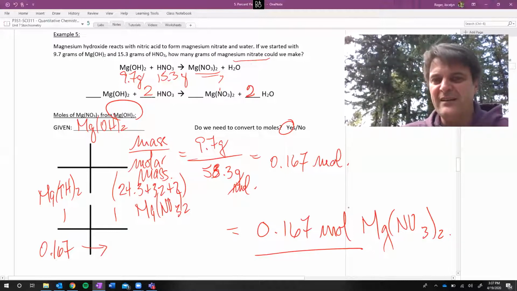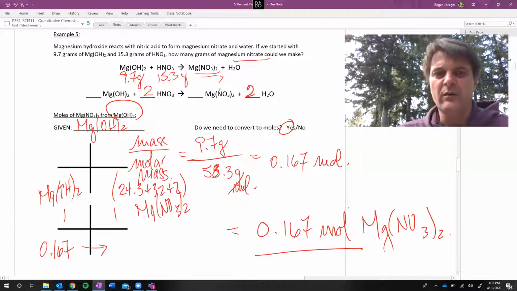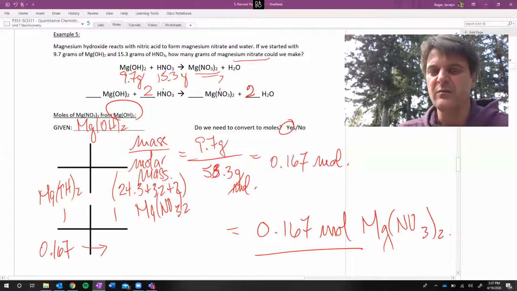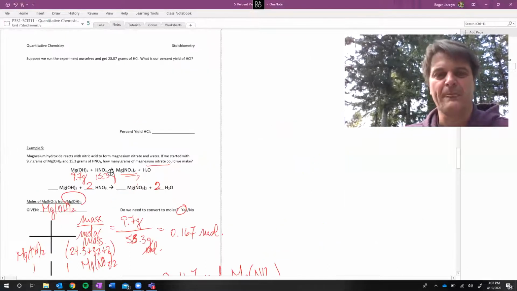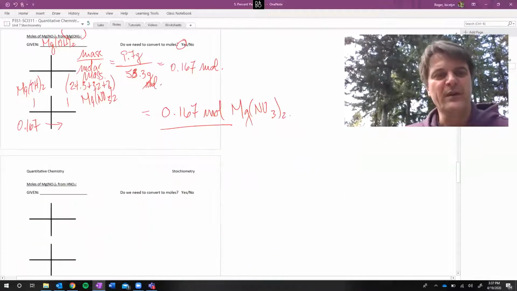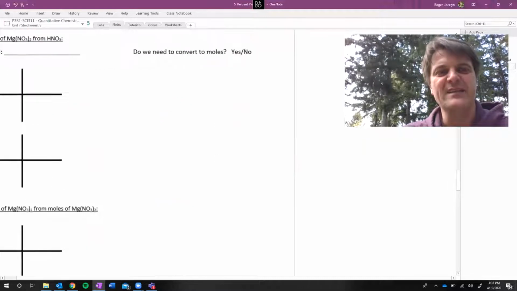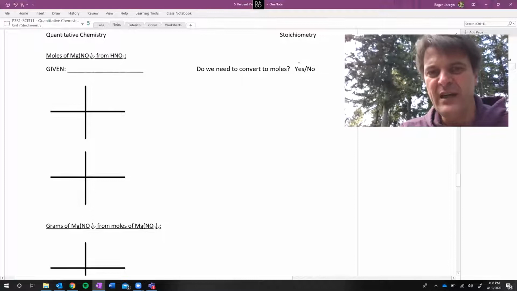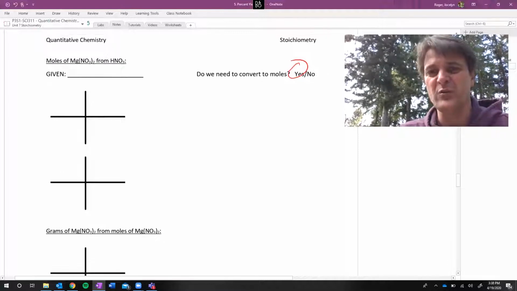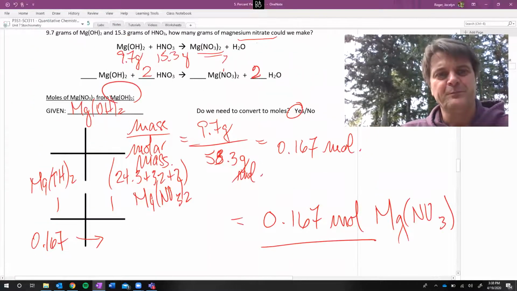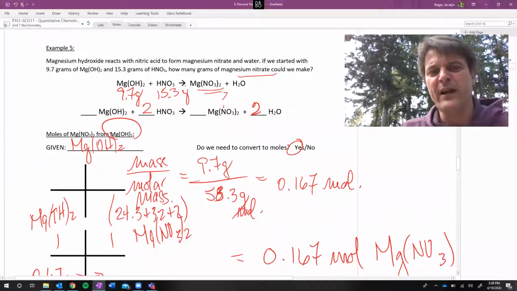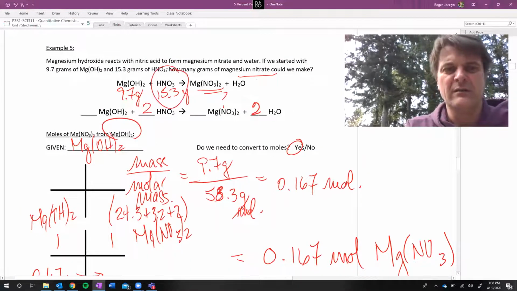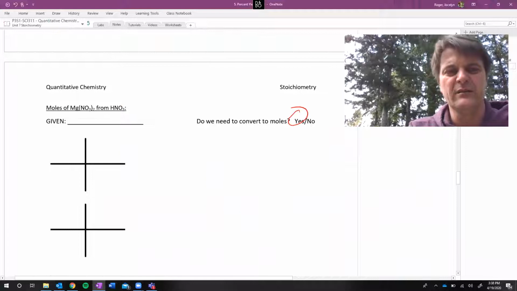We have to do exactly the same calculation now for the nitric acid, because we don't know which one of the 2 is the limiting reagent. So we're going to scroll up and do this exact same thing again, but with HNO3. Yes, we do have to convert to moles because we're not in moles. We have 15.3 grams of HNO3.